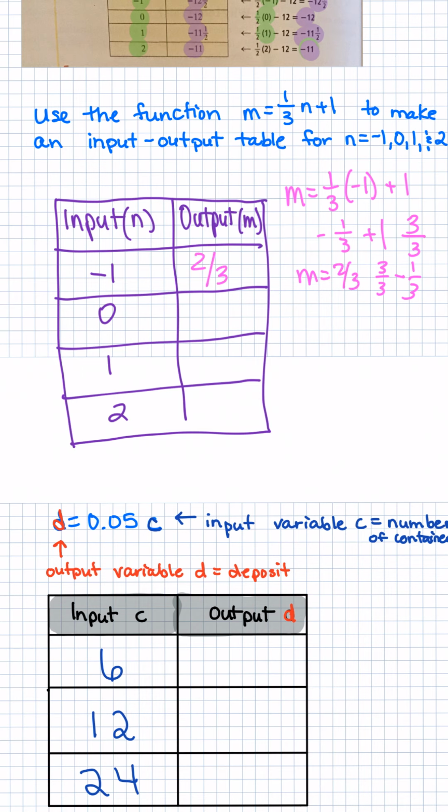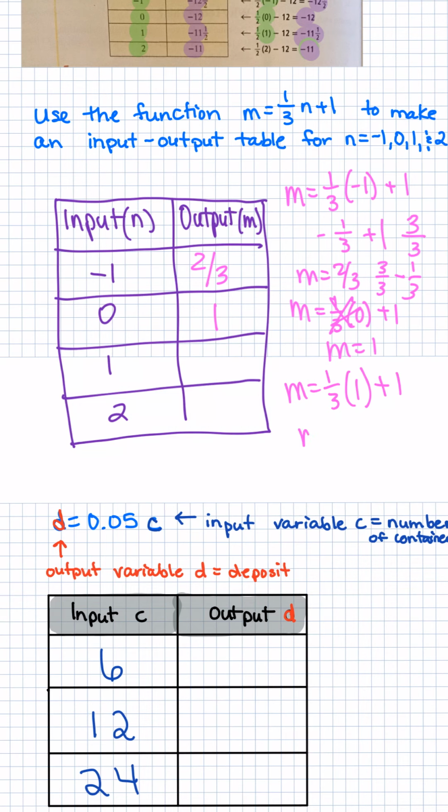Okay, and then if we plug 0 in, m equals 1/3 times 0 plus 1. 0 times 1/3 is equal to 0, so that crosses out. m equals 1. If we do for 1, m equals 1/3 times 1 plus 1.